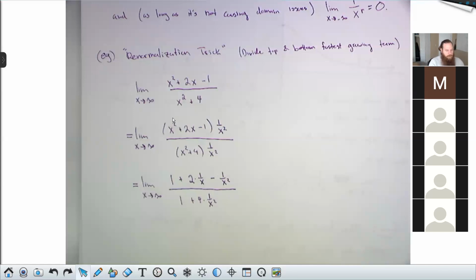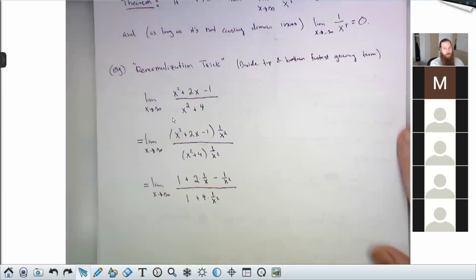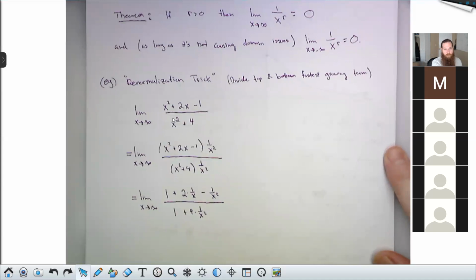Now, according to my theorem, my limit laws all work great for limits at infinity. All those laws we had work just fine. So I can take the limit here by taking the limit of each of these little pieces on their own. That's what the limit laws tell us.